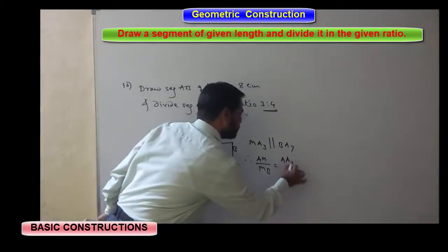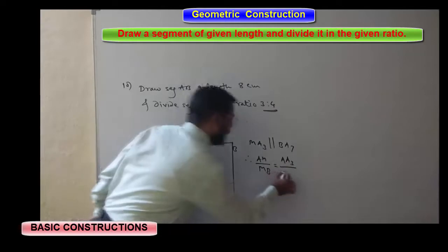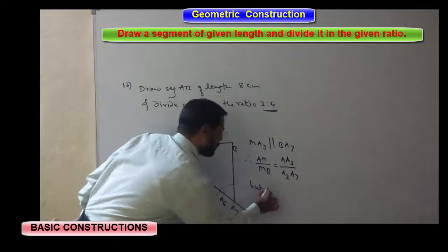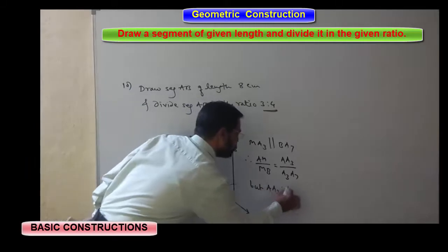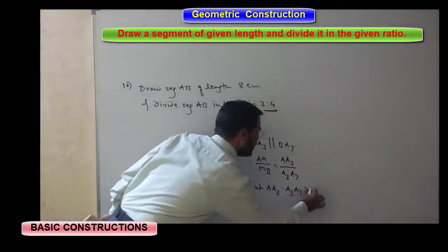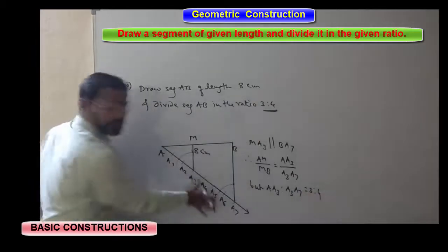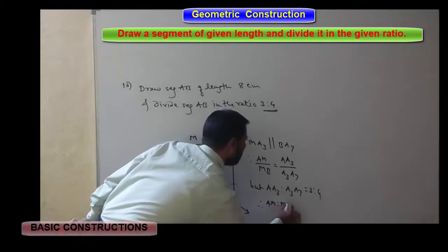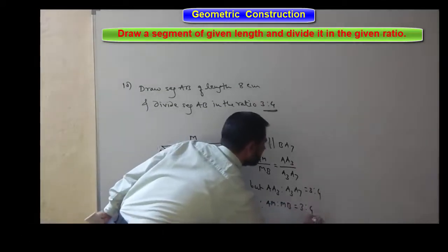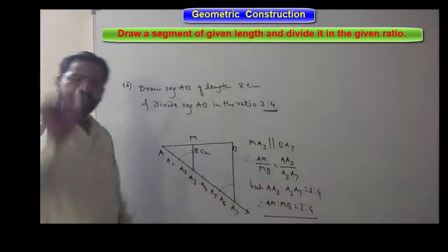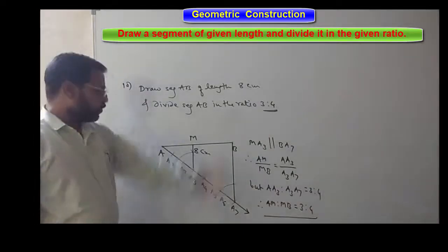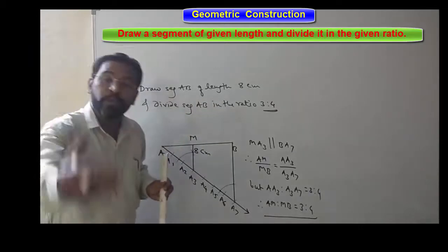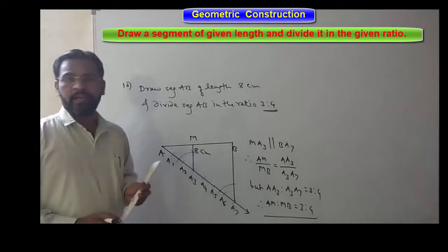AA3 upon A3A7. But AA3 to A3A7 is 3:4. Yes, therefore AM to MB is also 3:4. This is one of the very important ones. So using this construction, we are going to draw some new examples in the further exercise.